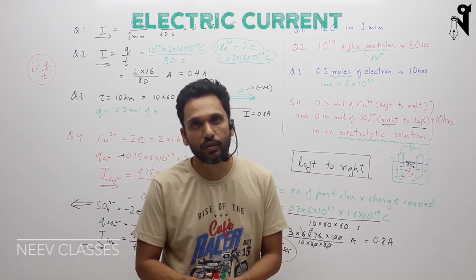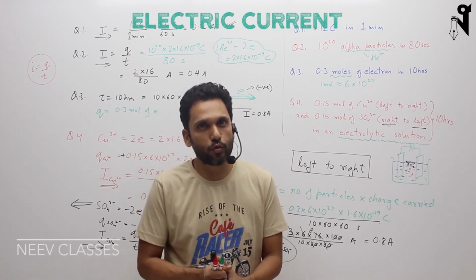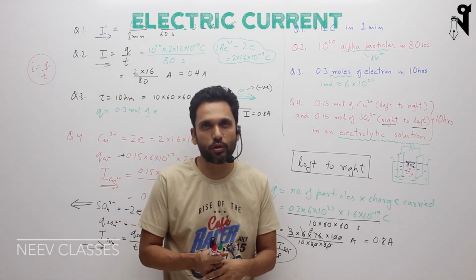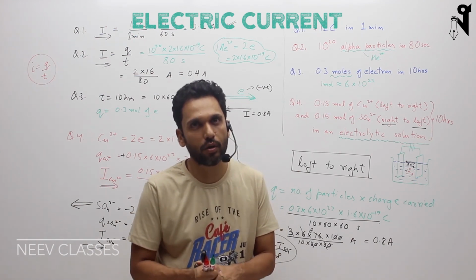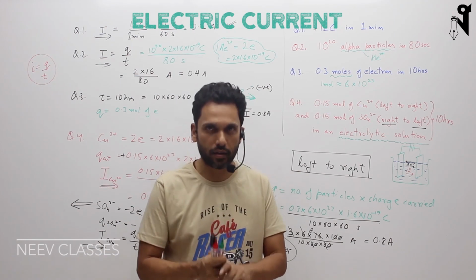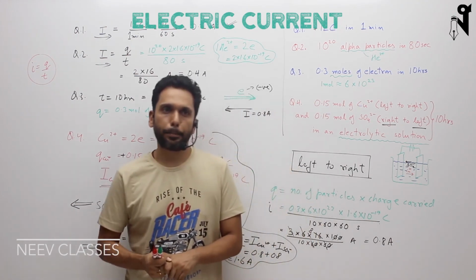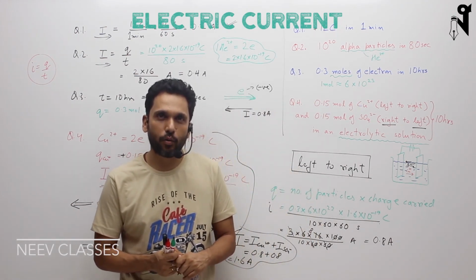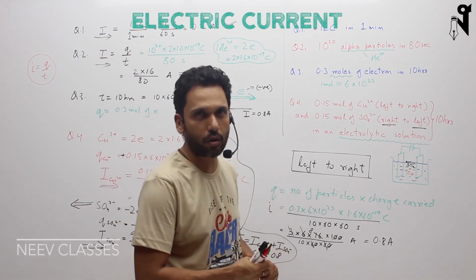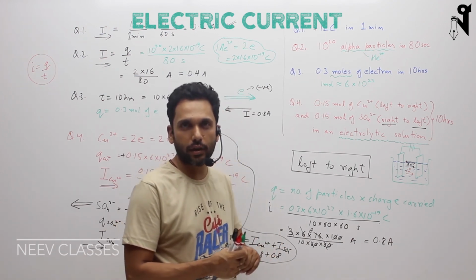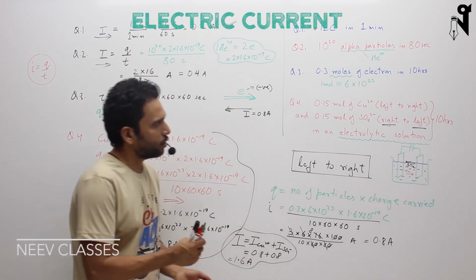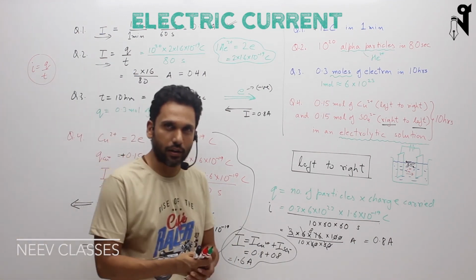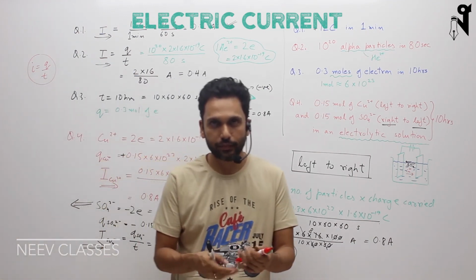Like if I switch on a bulb, no sooner do I switch it on, the bulb glows. It doesn't take a long time for the current to reach there. Similarly, if you switch on a fan, it starts rotating the time you put the switch on. So what do you think is the velocity of the current? What do you think is the velocity of the current? I'll just clear the board.